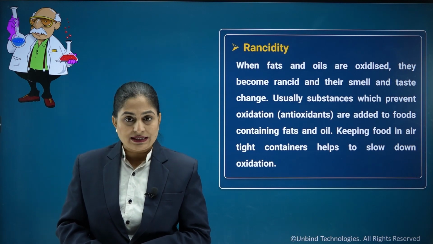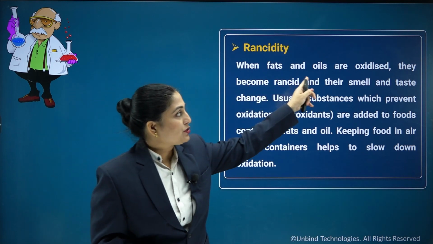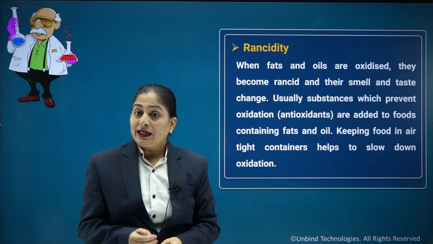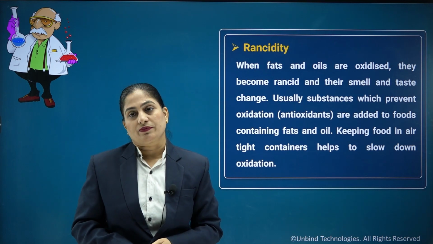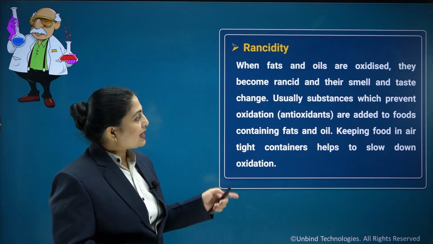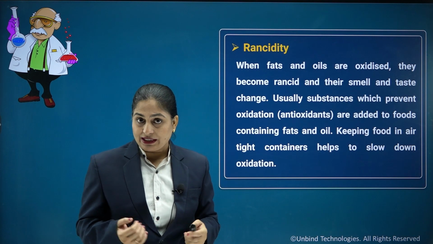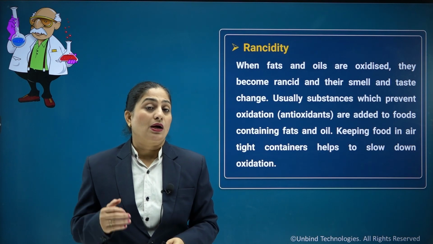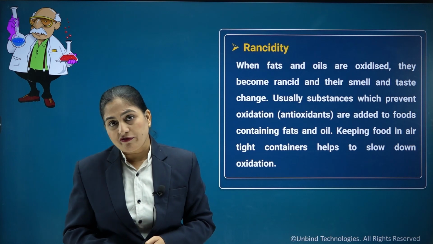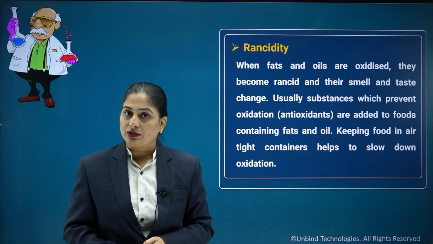So basically rancidity is nothing but the oxidation of fat and oil, and they become rancid. It means their smell and taste changes. Usually the substances added to prevent rancidity are mostly antioxidants, which don't allow the food particles, fats or oils to undergo oxidation.